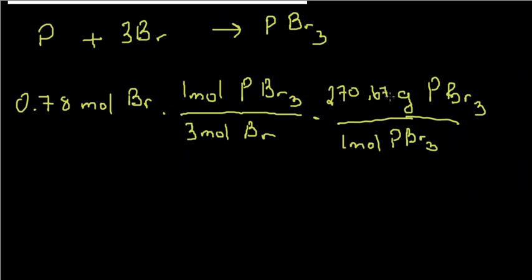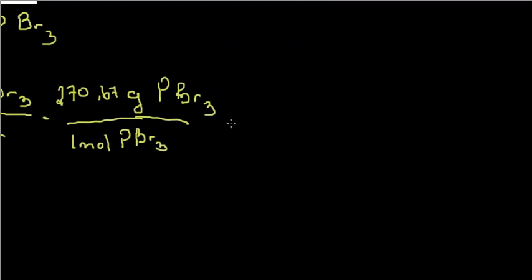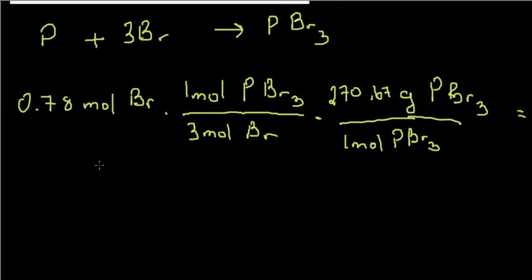And so now to find the answer we are looking for, we're going to equal this number of grams of phosphorus tribromide. So we multiply just straight across. So multiply by 0.78 and divide by 3. And I got 70.37. Again, let's not make the same mistake as before.